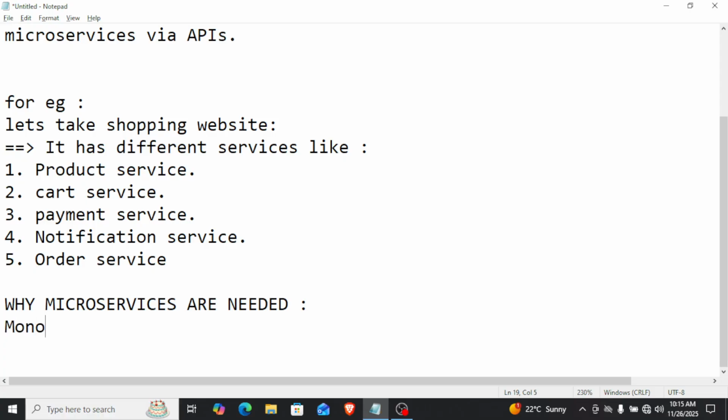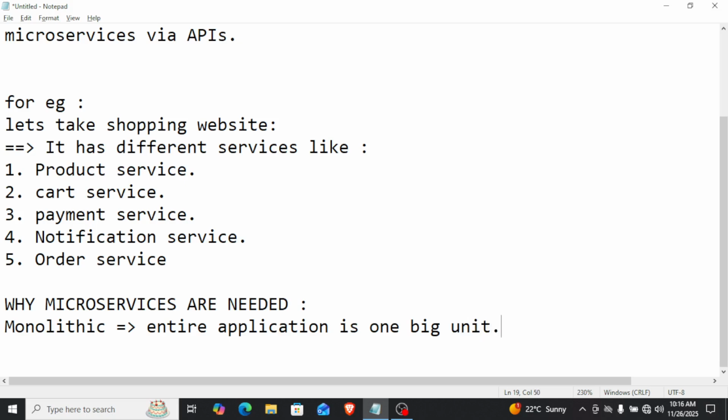A monolith means the entire application is one big unit. It is not like microservices. One code base, one deployment.